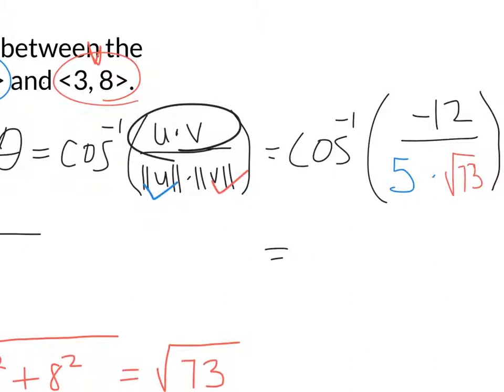And that's going to be the angle in between these two vectors. So let's see. Calculator says inverse cosine of fraction -12, 5 times the square root of 73. Enter. That gives me an angle of 106.3 degrees.